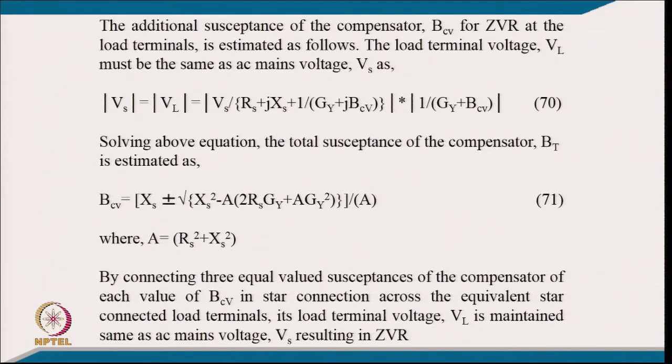By connecting 3 equal-valued susceptances of the compensator, each of value B_CV, in star connection across the equivalent star-connected load terminals, the load terminal voltage is maintained the same as the AC source voltage, resulting in 0 voltage regulation.